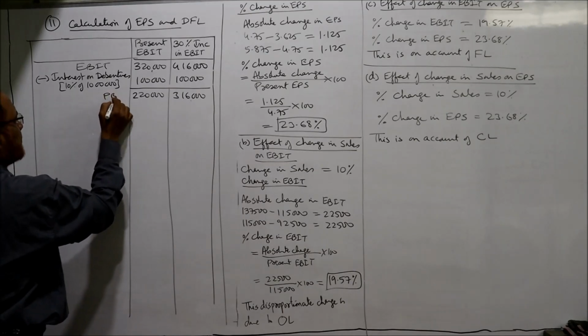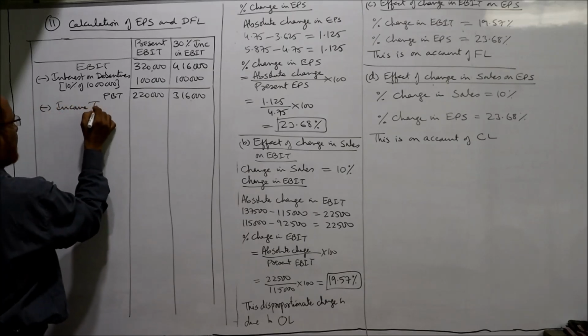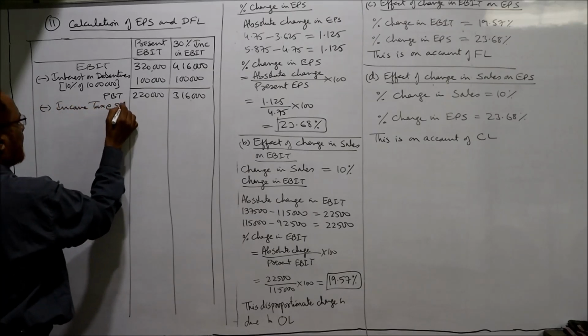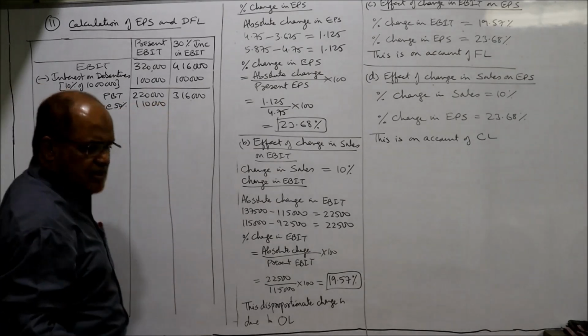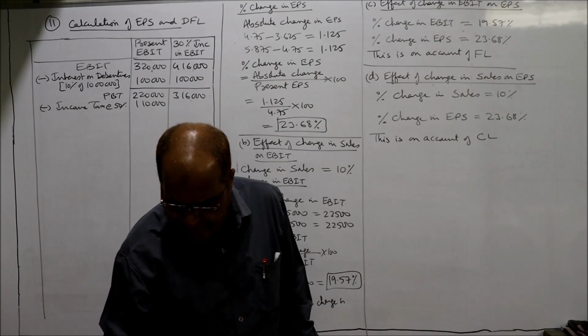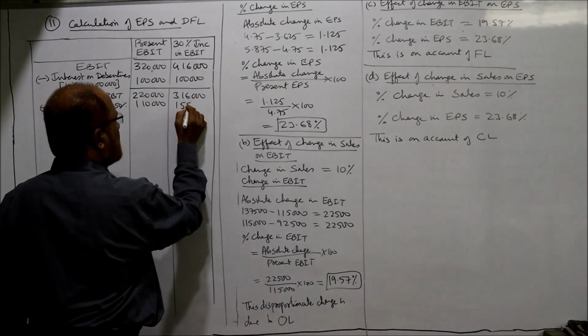This is the PBT. Income tax 50%, 1,10,000 and 1,58,000.